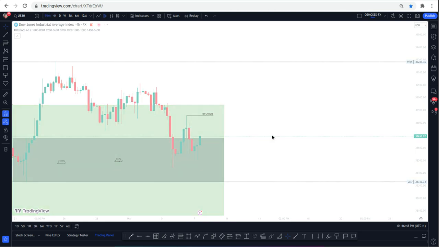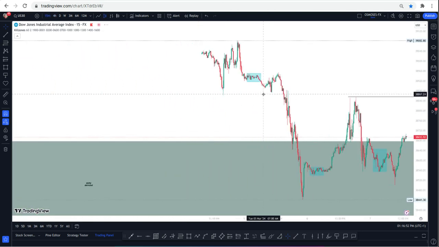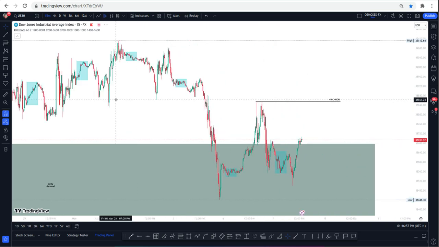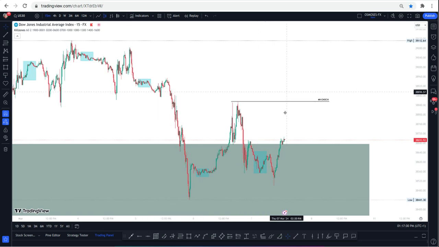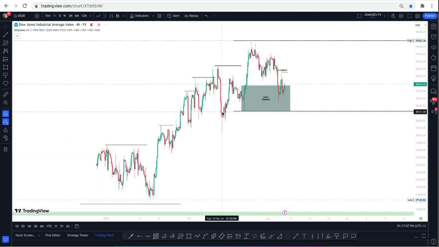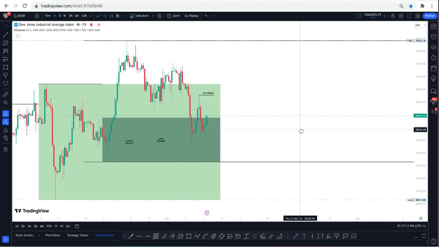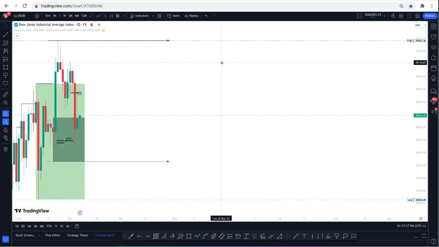Then go down to my 15 minutes. Until this gets broken, then I can look for buy setups.